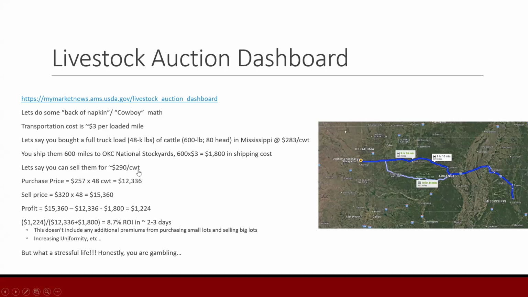Then let's say we can sell this same group of cattle for $290 per hundredweight. Purchase price, $257 times 48, cost us $12,336. Sell price, 320. Where did I get that?